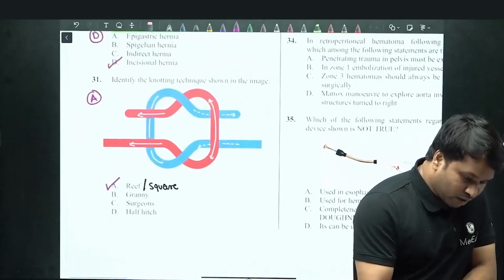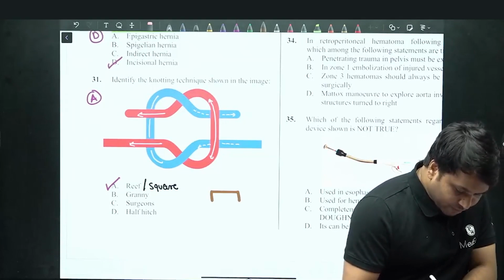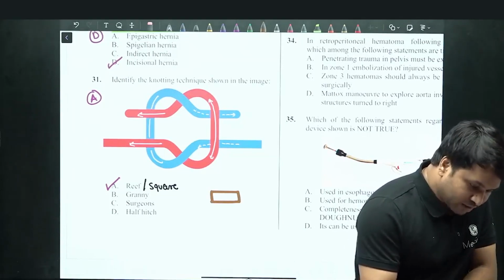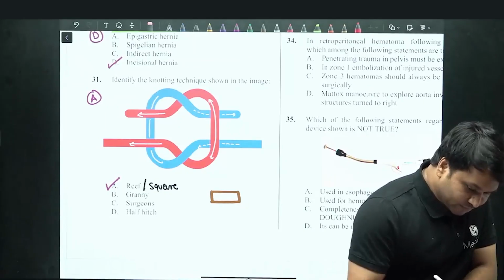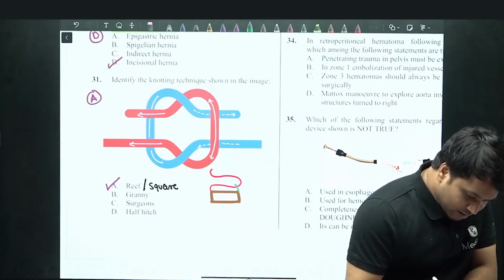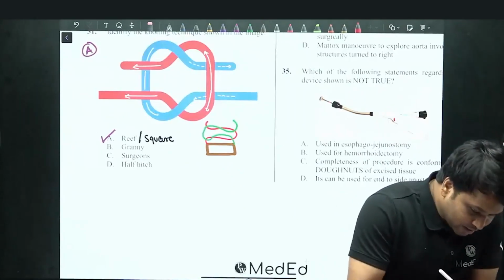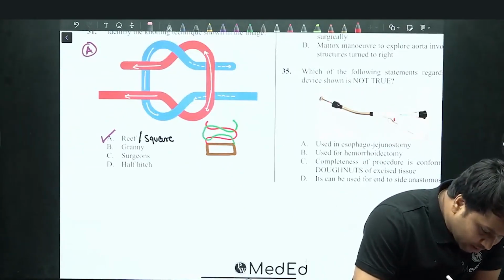Now, if you want to know how a granny's knot looks, if you take this as the tissue, let's say this is one end of the thread, and let's say this. Now, in the granny's knot, you will notice that one side will be above, one side will be below.